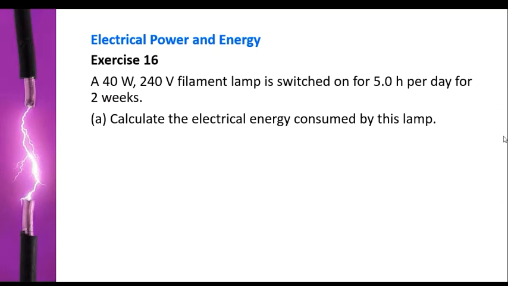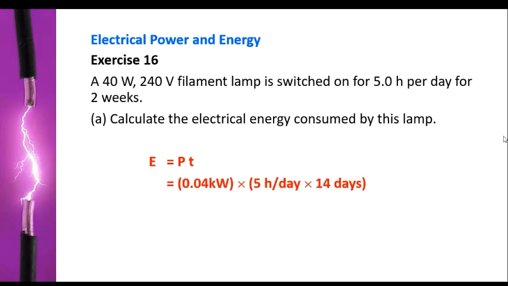Let's look at exercise 16. In exercise 16, part A, we are required to calculate the electrical energy consumed by a lamp rated 40 watts, 240 volts, and used for 5 hours per day for 2 weeks. So first, we multiply power and time.